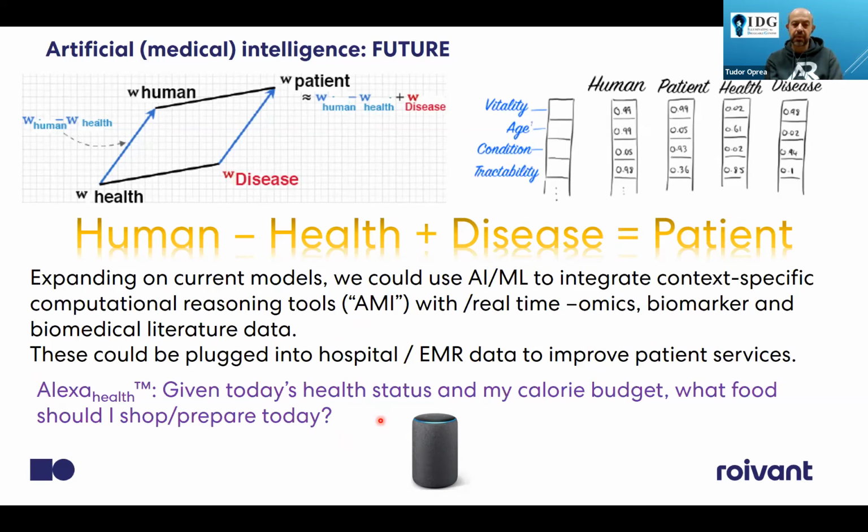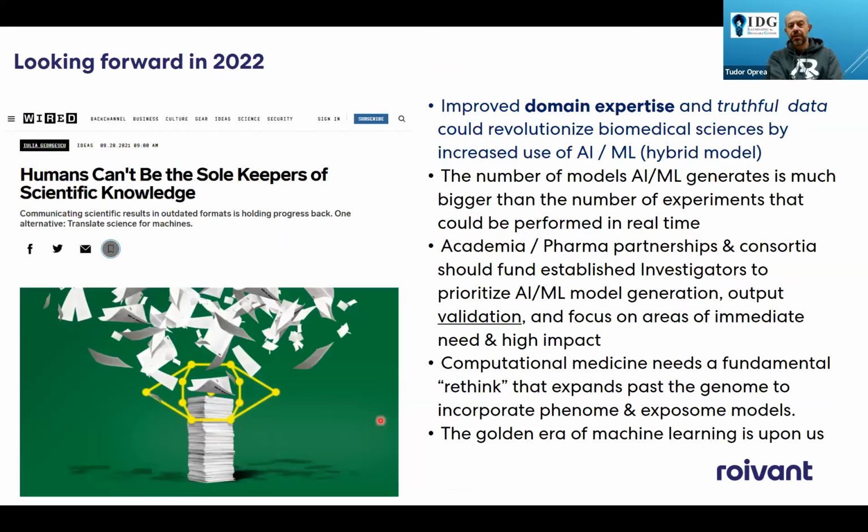So looking forward, the way it looks in 2022, I resonate with an article published by Iulia Georgescu in Wired magazine that argues that humans shouldn't be the sole keepers of scientific knowledge. So we could imagine an AI that stores all the information.